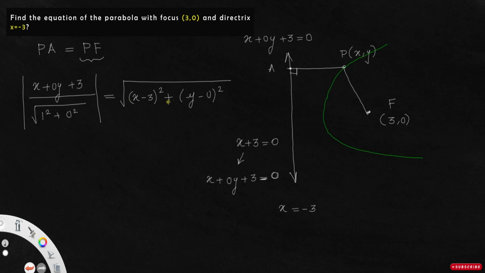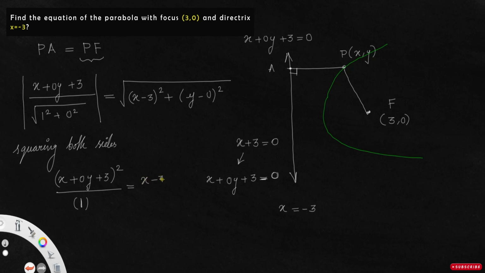In order to remove the square roots, I have to square both sides. So squaring both sides, I'll get x plus 0y plus 3 whole square divided by, see here it is root of 1, and root of 1 square is 1 itself, so this root will get removed.